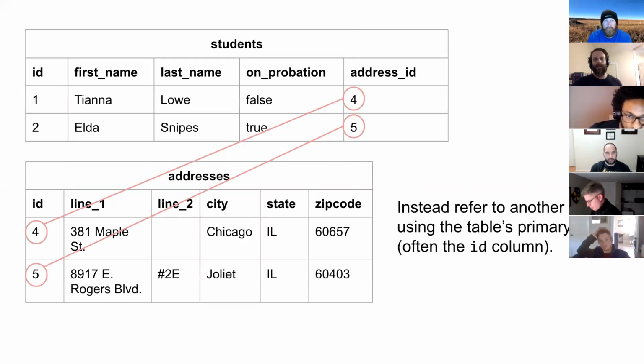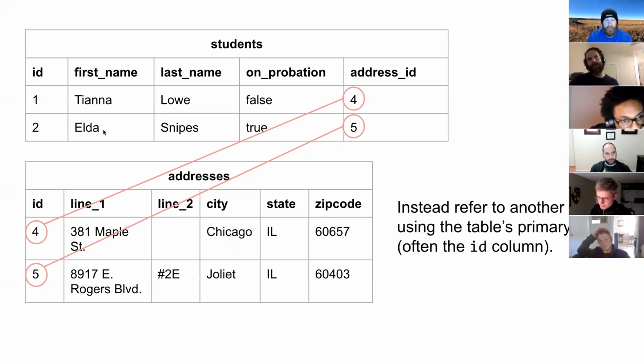So we fix this by using what is called a foreign key. Notice here that we have our students, we have ID, and ID should be unique. So every single row here should have its own ID.